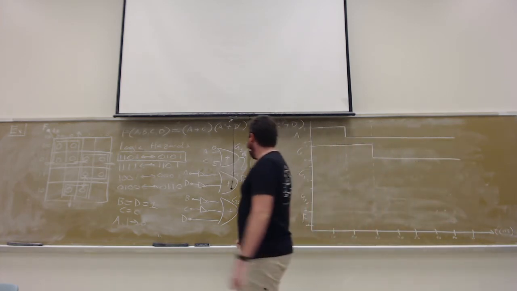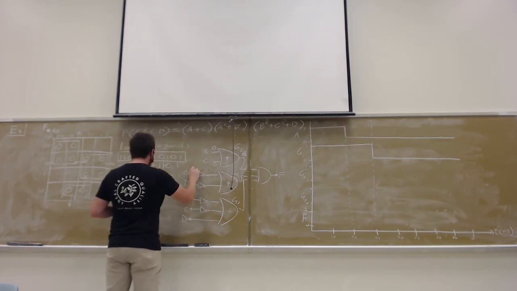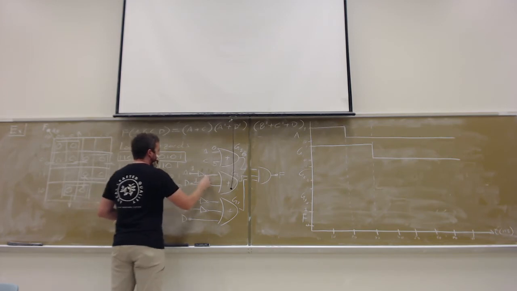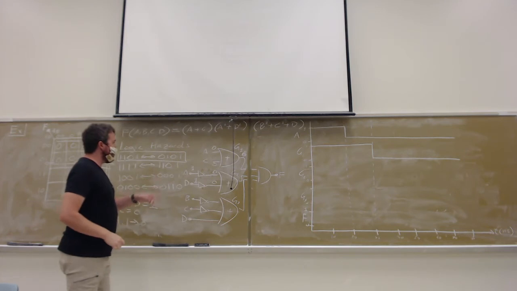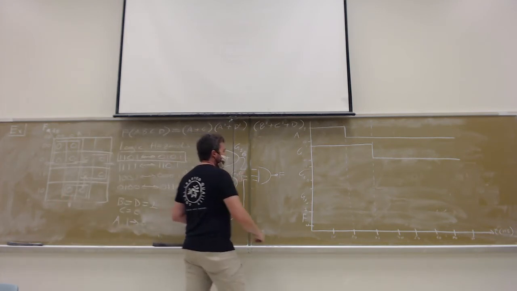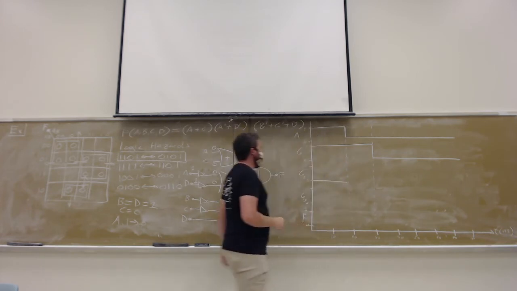Now let's take a look at G2. G2 began its life. Let's see, A was equal to 1, D was equal to 1. They both went through inverters, which means we had 0 and 0, which means that G2 started its life at 0 until the transition occurred. So G2 goes at 0.